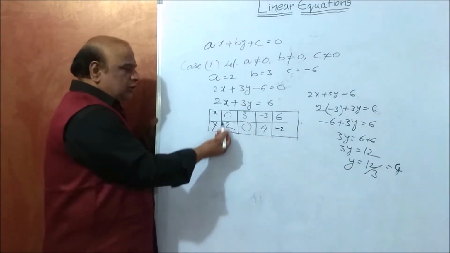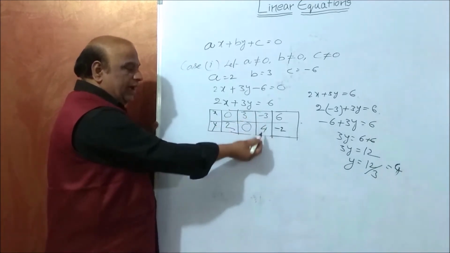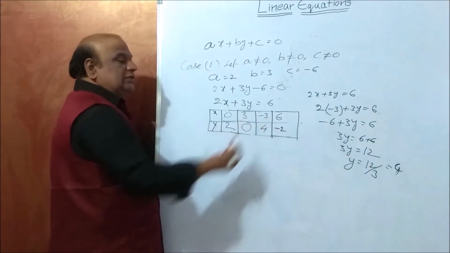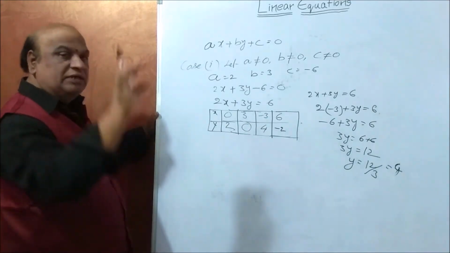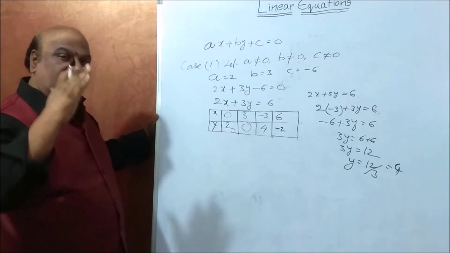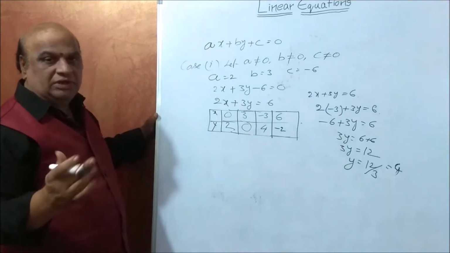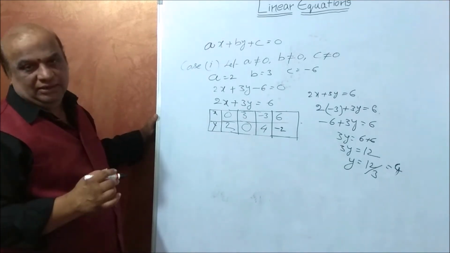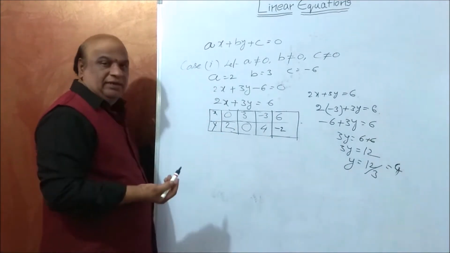So here we took the 4 points: 0, 2; 3, 0; minus 3, 4; and 6, minus 2. Now you plot these points on the graph sheet. Check whether it becomes a line or not. I will show on the graph sheet also, it becomes a line. So in the first case, it is a line.